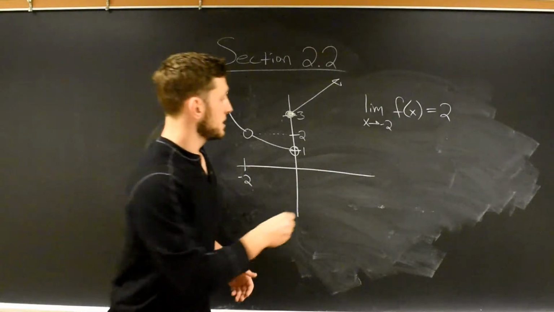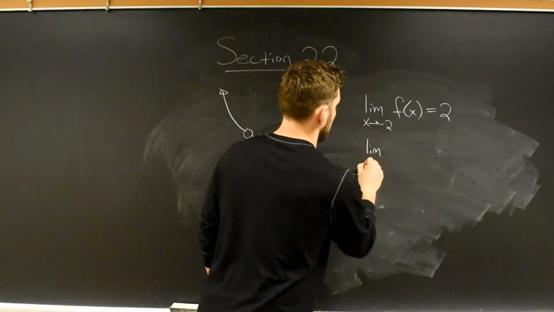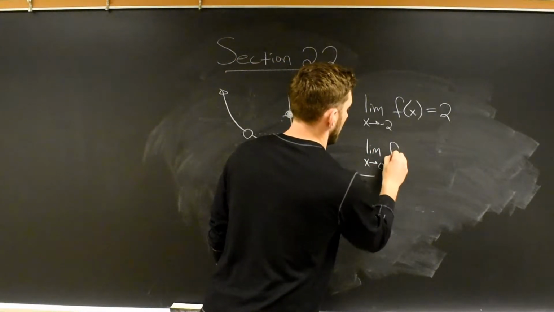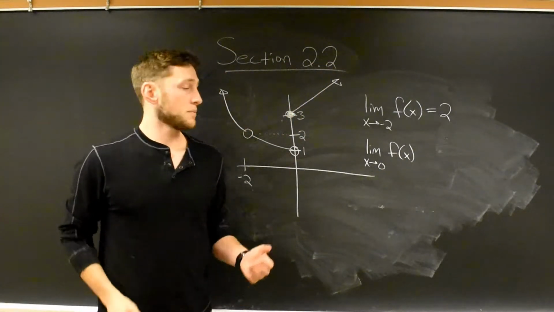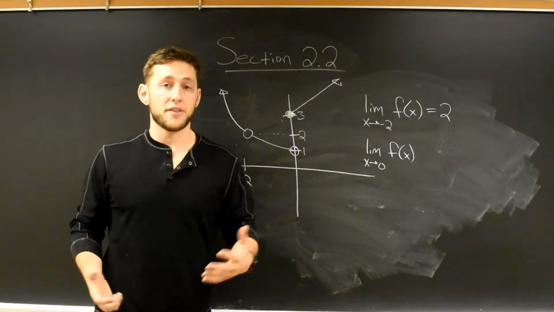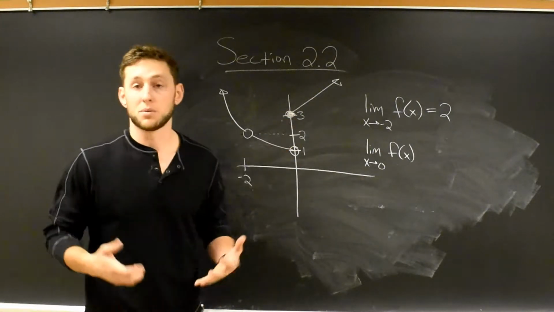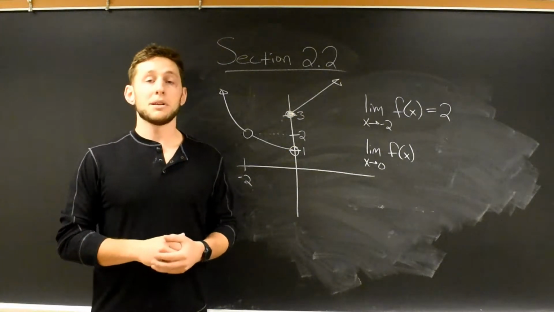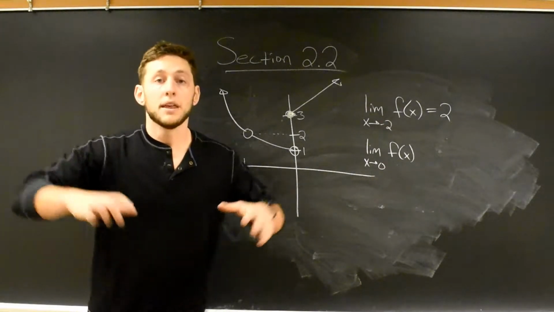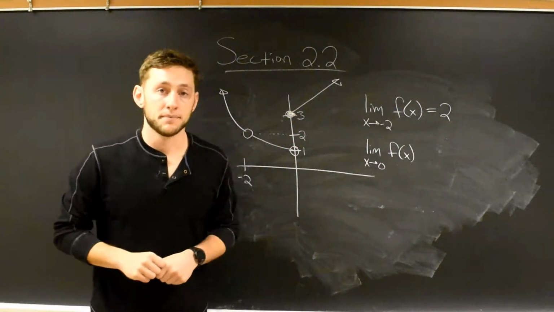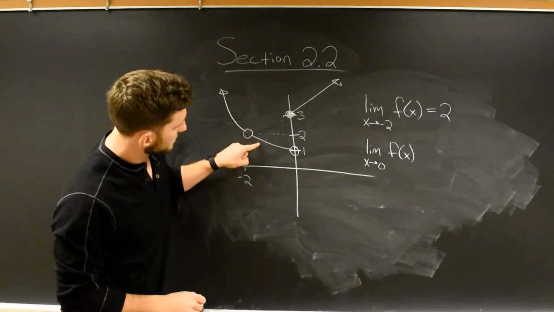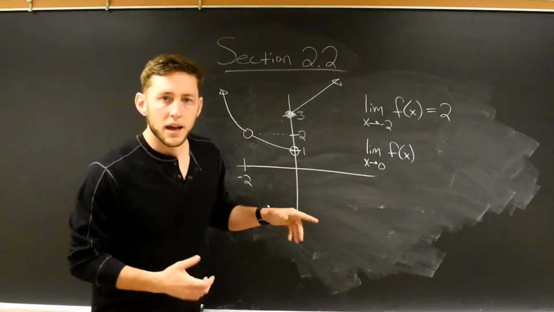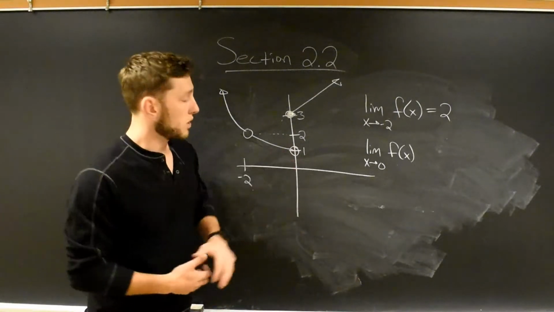Now maybe a little bit trickier, how about this one? The limit as x approaches 0 of our function. In this case, we do have a spot. If I plugged in 0, I get y equals 3. But limits don't care about what happens at your point. They only care about what happens around it. Notice that if I go towards x equals 0 from the left-hand side, I'd fill in the dot at y equals 1.